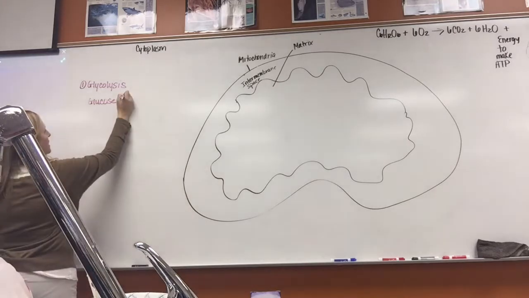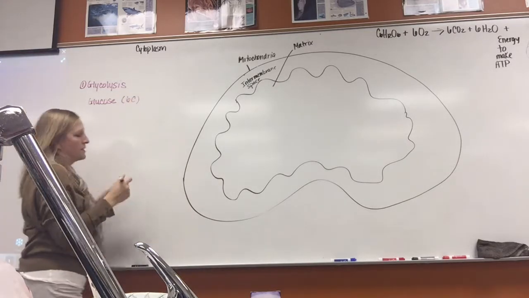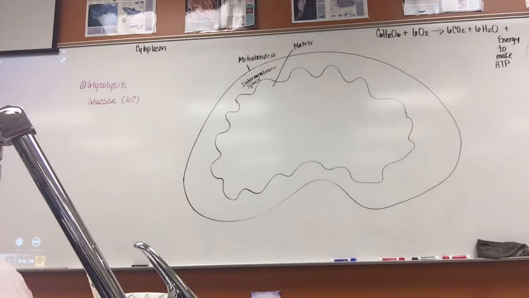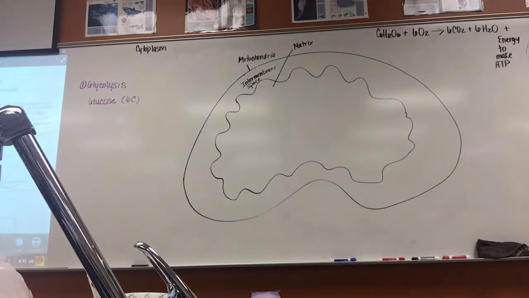So big picture, I want us to think of it as a 6-carbon molecule. Put this up here, because as we go over glycolysis, we're going to oscillate back and forth and look at your packet that you did yesterday. So I'm going to keep this up here as we go over this and relate it to that.